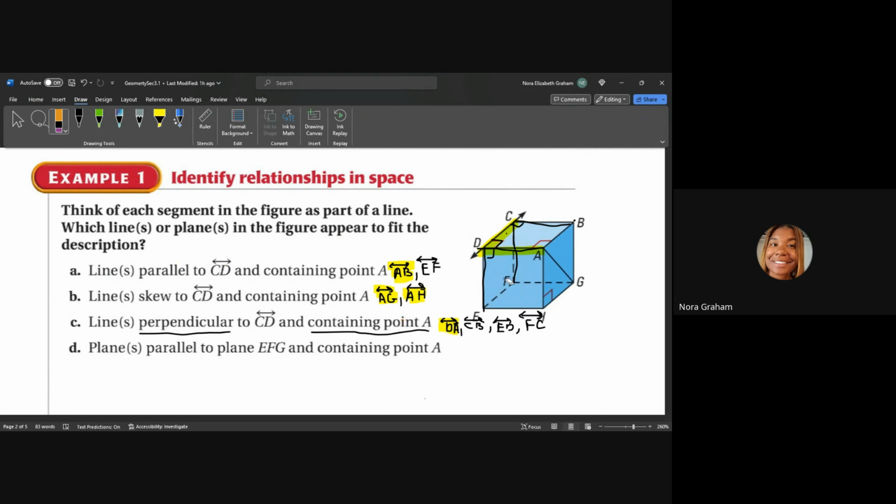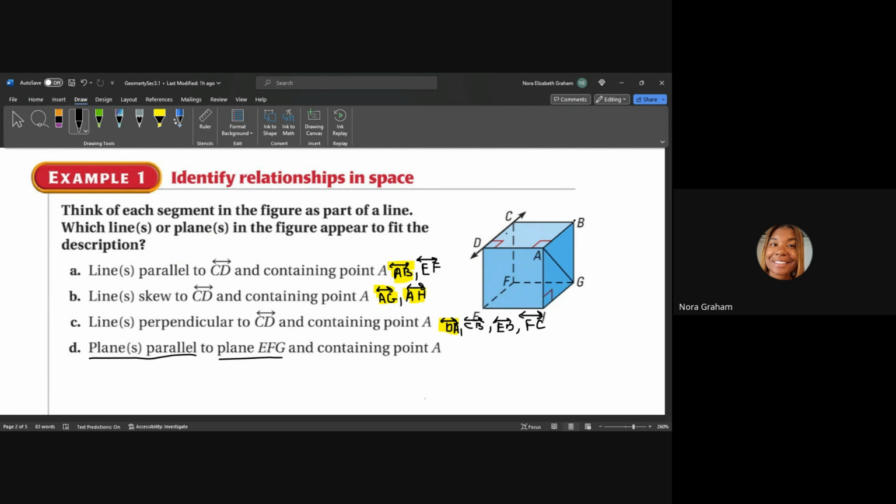All right, so now let's do D. So D wants to now know about planes. And this one says planes parallel to plane EFG and containing point A. So planes parallel, remember parallel, they can't intersect and they can't touch at all. For plane EFG, how we name planes is by using 2 points or 3 points, right?